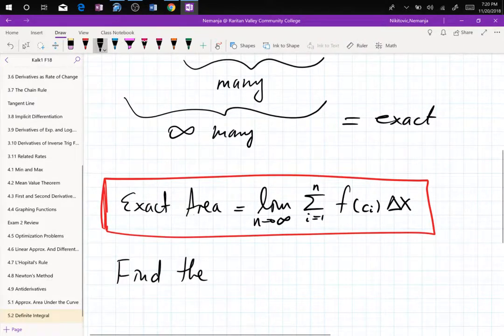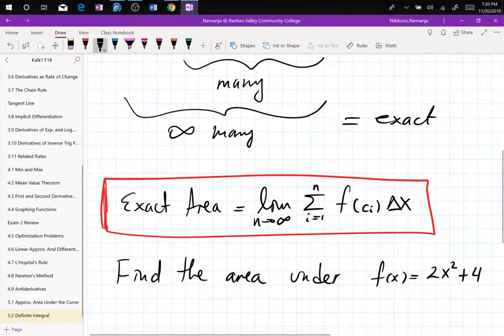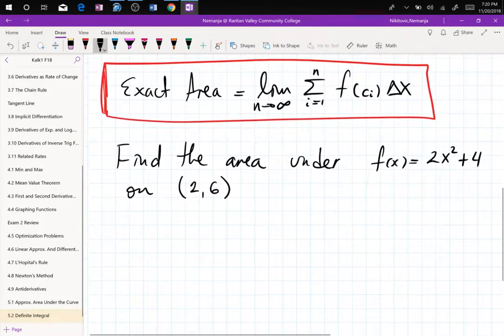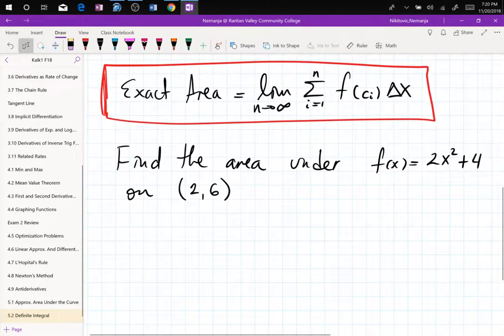Find the area under f of x equals 2x squared plus 4 on 2 to 6. So find the exact area in this place.